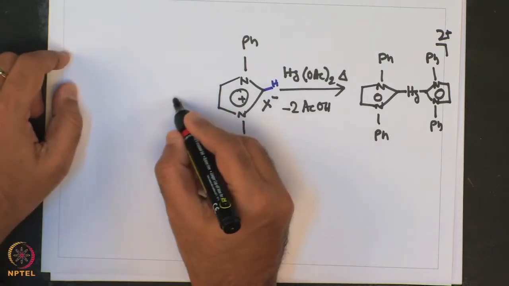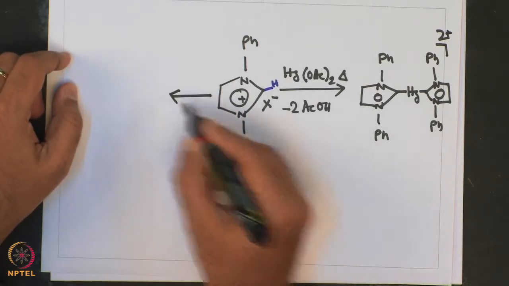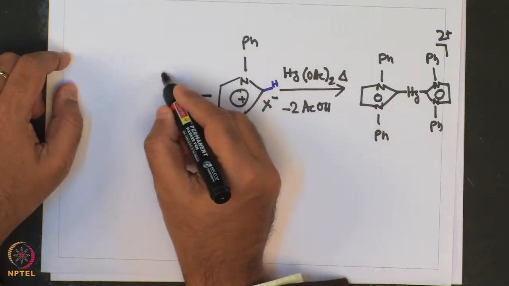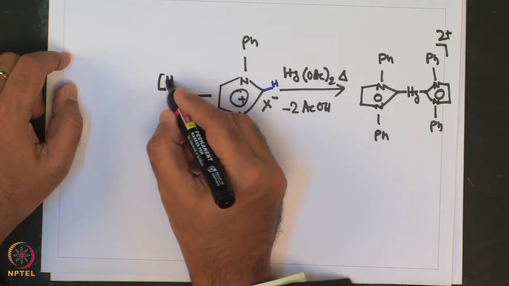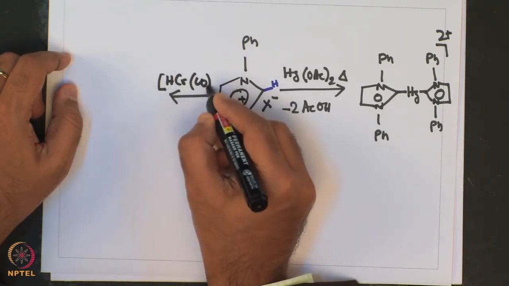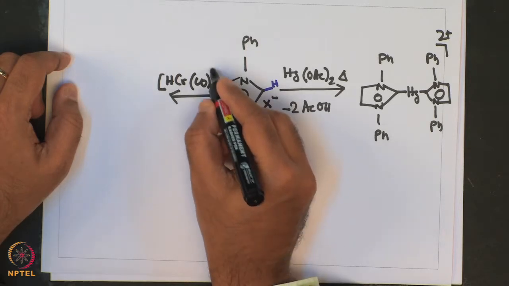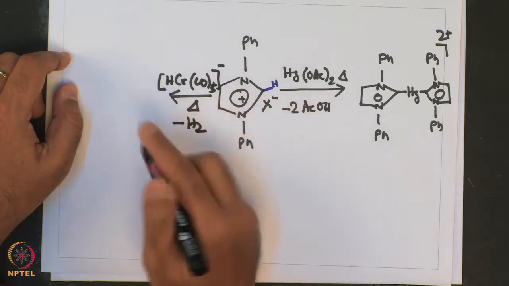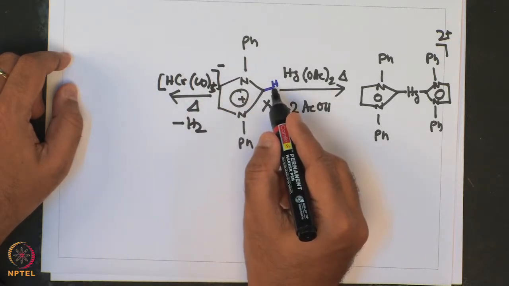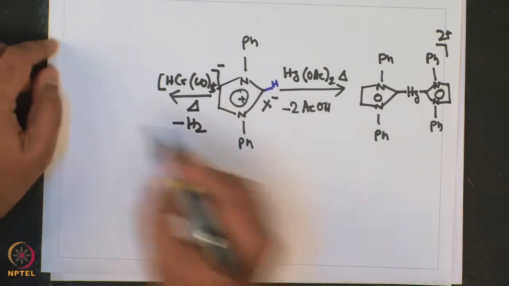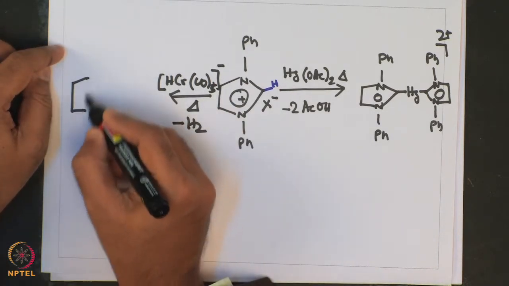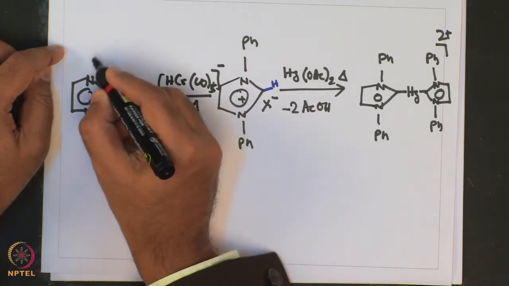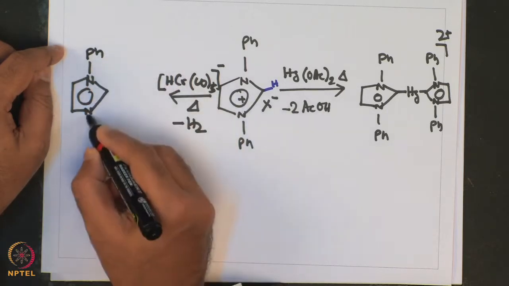The same abstraction, instead of by acetate, can also be achieved by a metallate, for example, HCr(CO)5 minus, which when heated eliminates dihydrogen, the hydride and this proton giving dihydrogen, giving this N-heterocyclic carbene chromium complex.